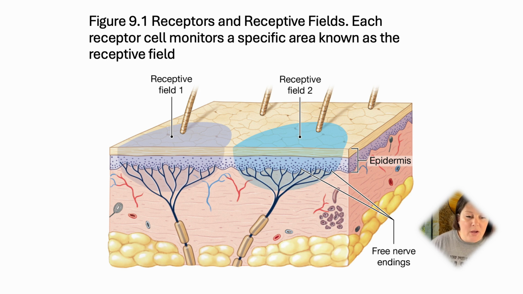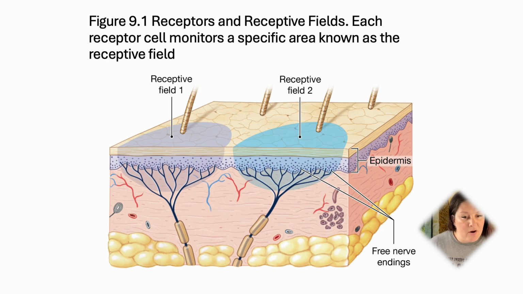I do want to point out that these receptive fields are communicating information from the areas that they are innervating. The back of your hand, for example, is made of many receptive fields. They are numerous. We have a great number of nerve endings that are helping us interact with the world around us.